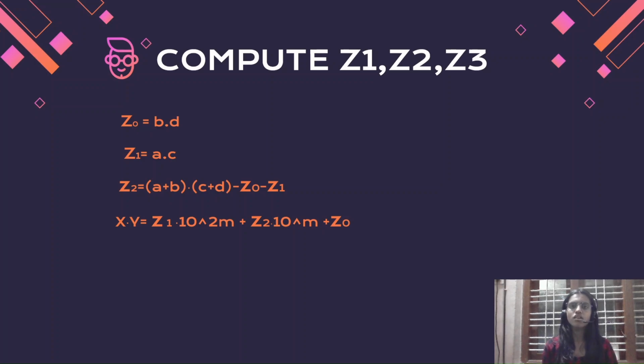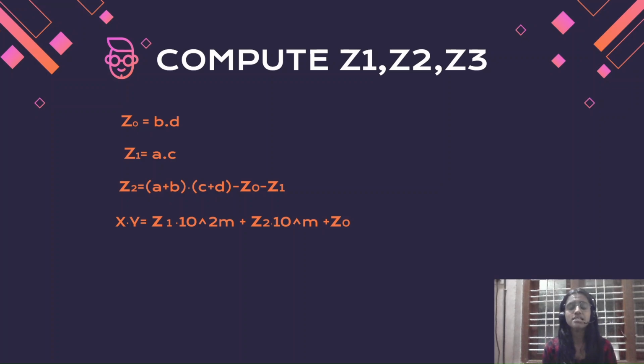Z3 is nothing but the product of the two numbers we always wanted, that is x into y. Z3, or x into y, goes by the equation Z1 into 10 power 2m plus Z2 into 10 power m plus Z0.